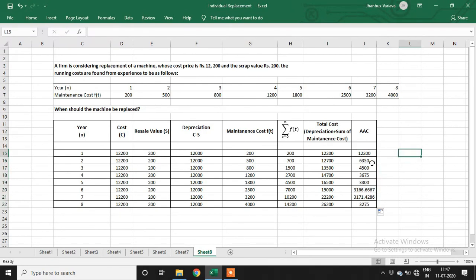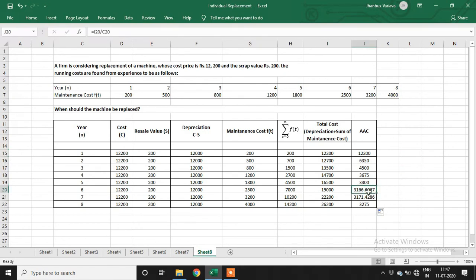Okay, for the first year 12,200, second year 6,350, so it is decreasing, and third year 4,500, then fourth year 3,675, and fifth 3,300, then 3,166, and then you see in the seventh year it is increasing again, 3,171, then 3,272.